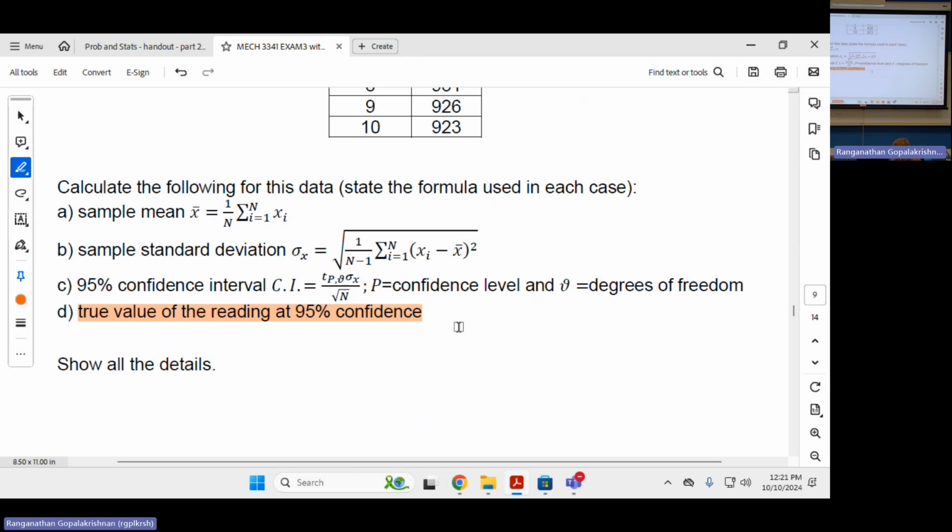You're getting a sample mean and you're getting a sample standard deviation. What is the true value? You're going to write that? Yeah. You'll not get any score. Anyone else wants to try?